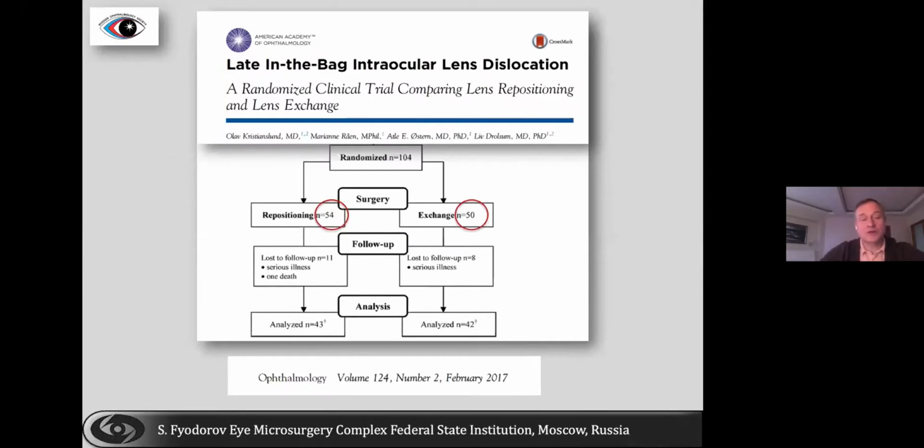And this is probably the latest study, which is very important because it's randomized. The patients were randomized into two groups, more or less equal in numbers, 54 and 50. In one group, there was an exchange of the dislocated capsular bag IOL complex to an Artisan IOL. And in the other one, it was repositioning with scleral fixation.